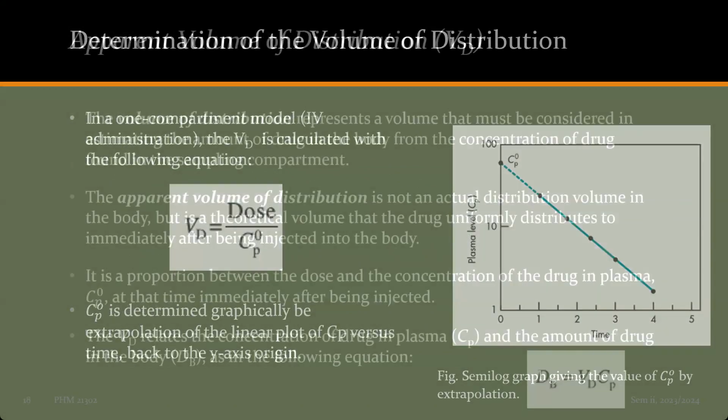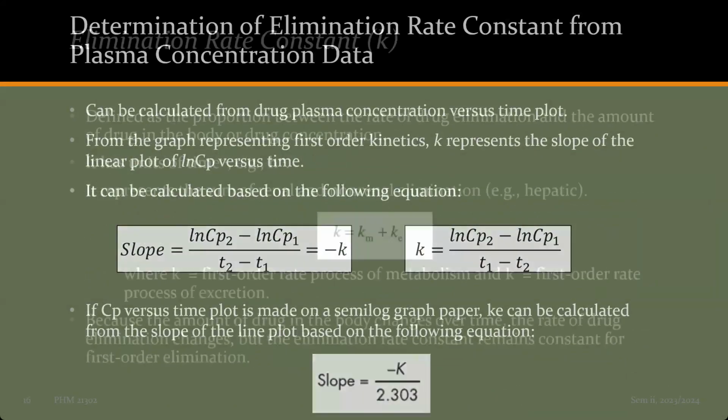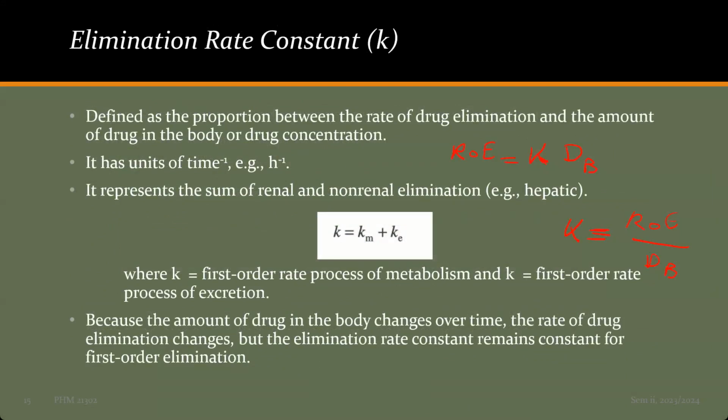So let's write it. The rate of elimination is in milligram per hour, in other words milligram times hour to the power minus 1, divided by the amount of drug in the body in milligrams. You can cancel these against each other.